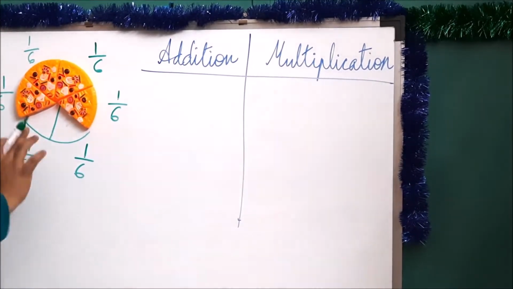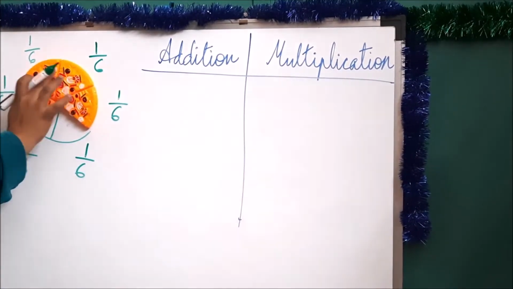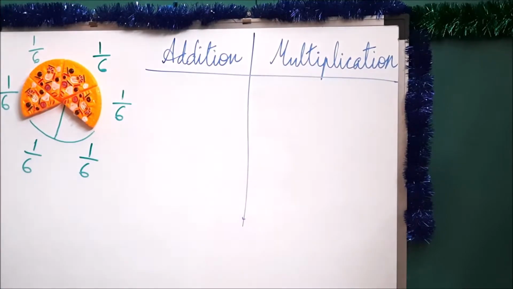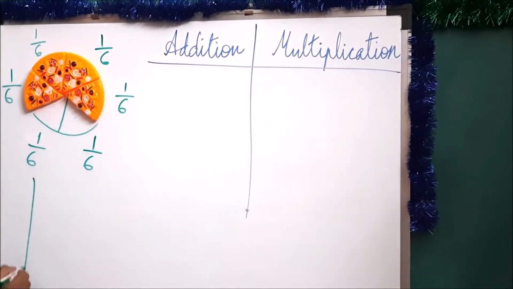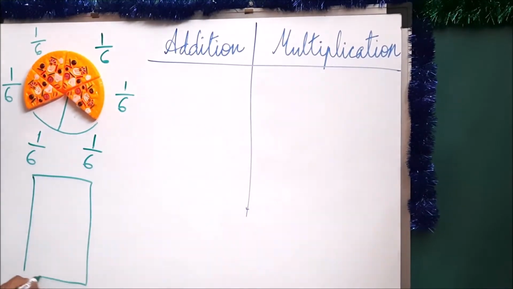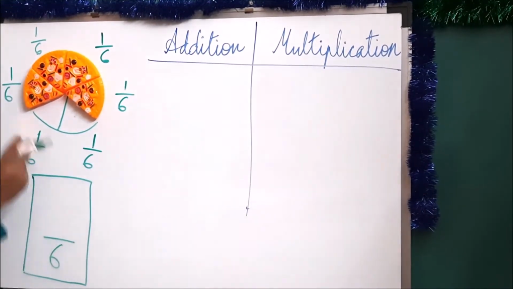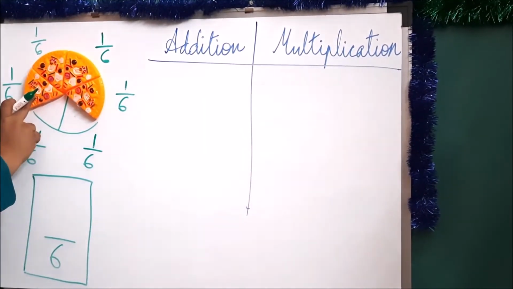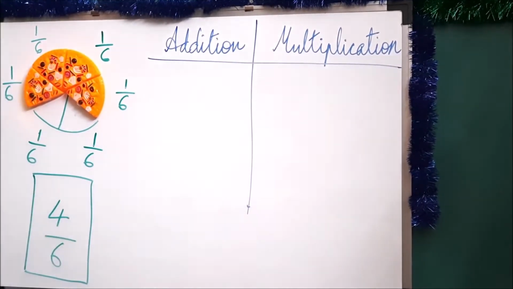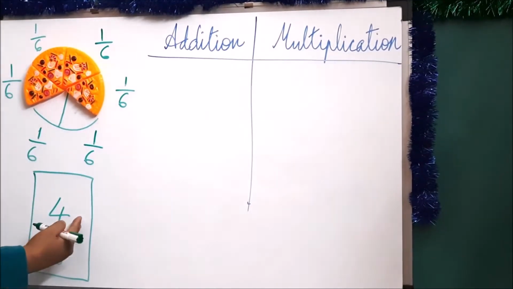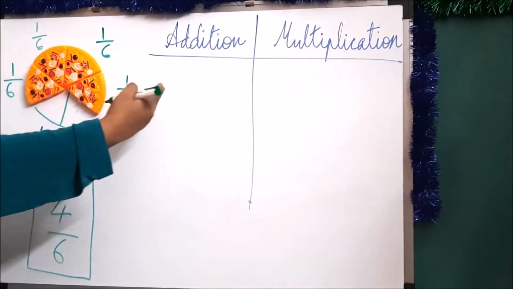Right now we are focusing only on these 4 pieces. So what will the name of these 4 pieces be? The fraction I will get is 4 out of 6: हम 6 थे, 6 में से मैं कौन हूँ, 1 2 3 4, मैं 4 हूँ.